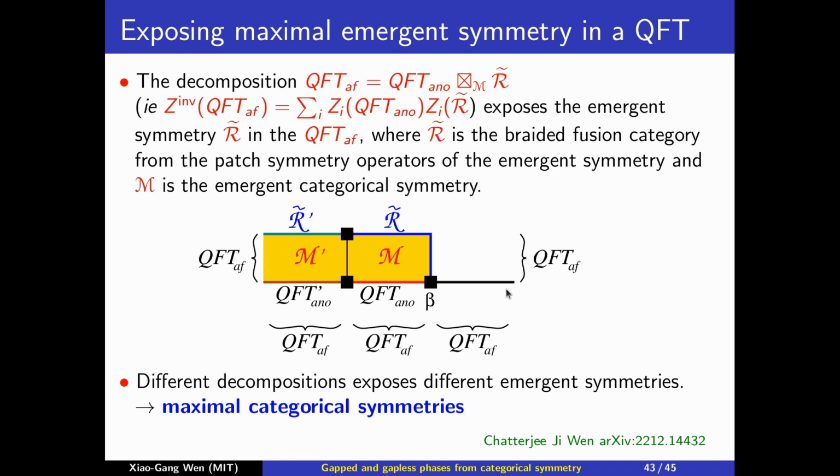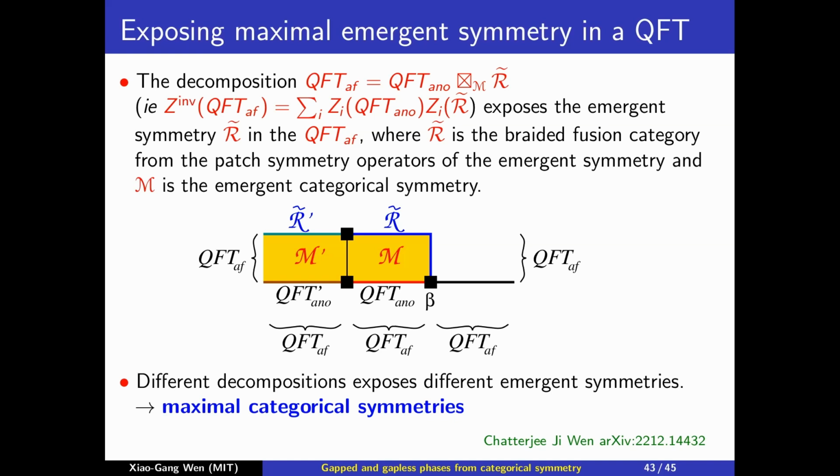Okay. So usually when you have a CFT, we have this modular invariant partition function. To look at the CFT through the modular invariant partition function means that we ignore symmetry. We don't look at the symmetry.